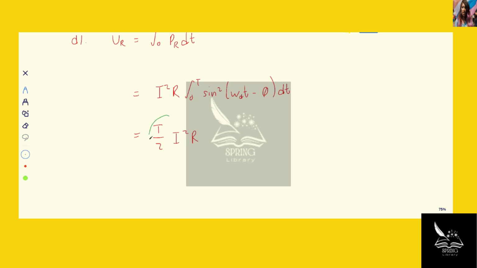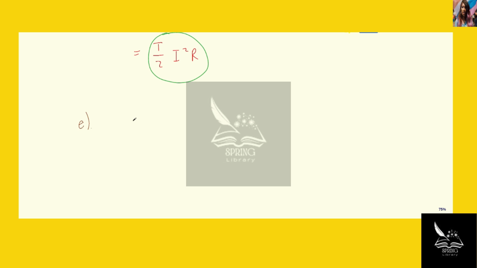And now we want to show that our expressions in C and D are equal, and we can see from C that epsilon m times I cosine phi is equal to epsilon m times I times V_R over epsilon m, which is epsilon m times I times I R over epsilon m.